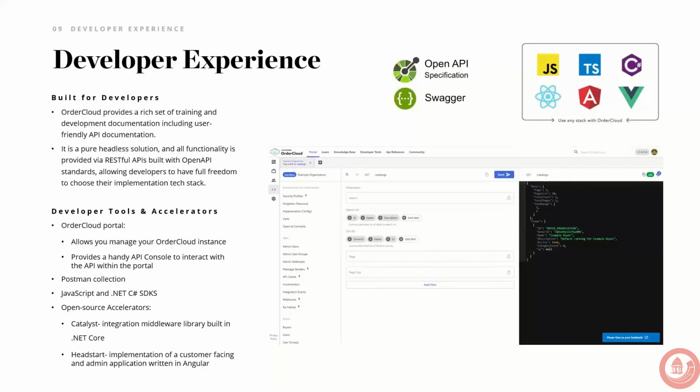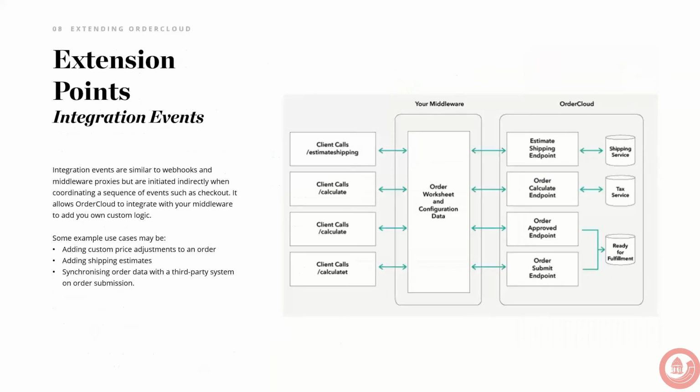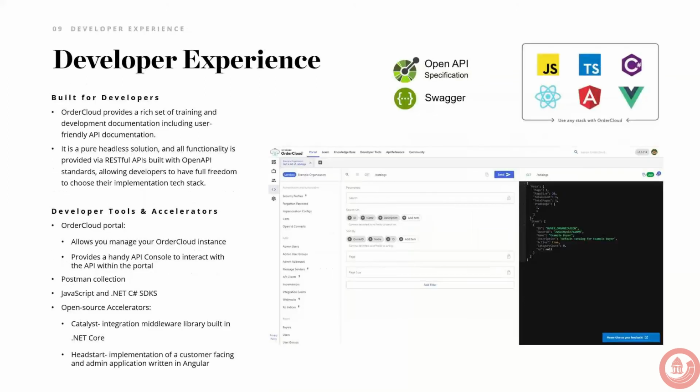Okay, so next up, I think that wraps up the basics of the platform itself. Next, if we look at the dev experience, as I said, the platform is really built for developers. The documentation is very good. It has very detailed documentation around how to set up, for example, your projects, some starter kits, etc. Again, it's a pure headless solution, built on open API standards.